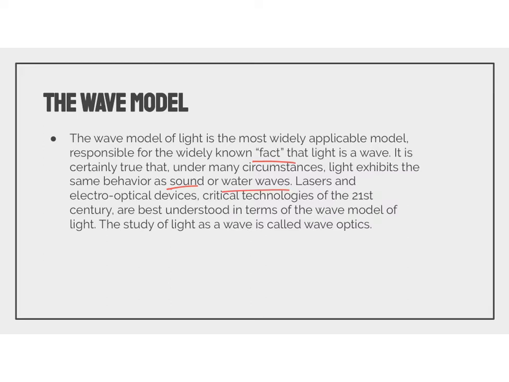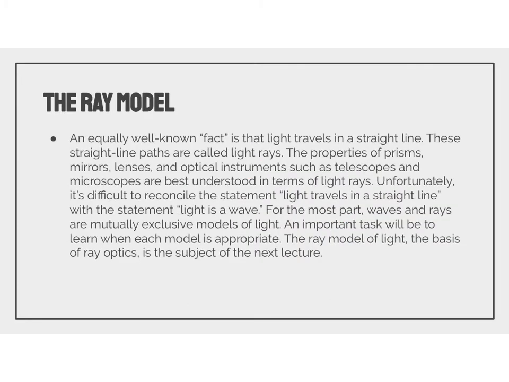Lasers and other devices use the wave model of light to work, such as DVDs and CDs and Blu-rays. Those all use the wave model of light to work, and the study of light as a wave is called wave optics.